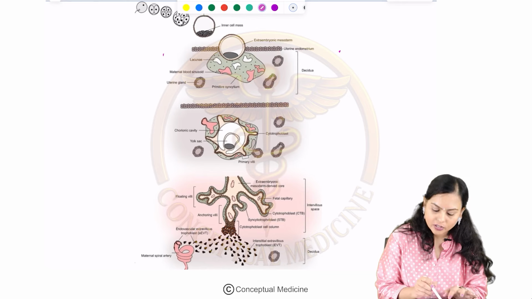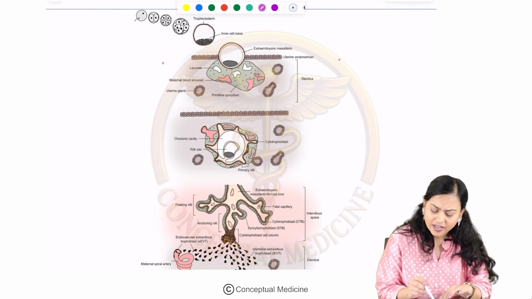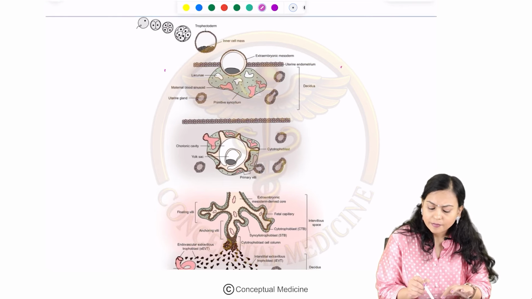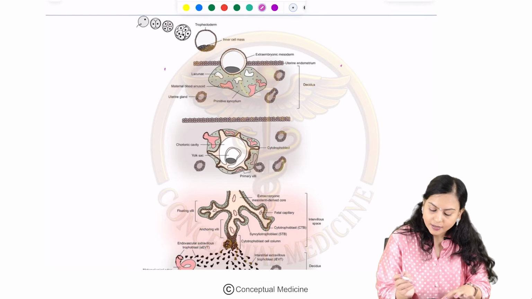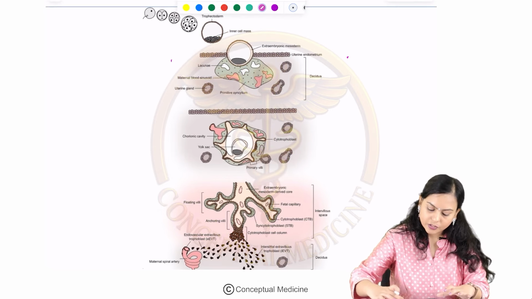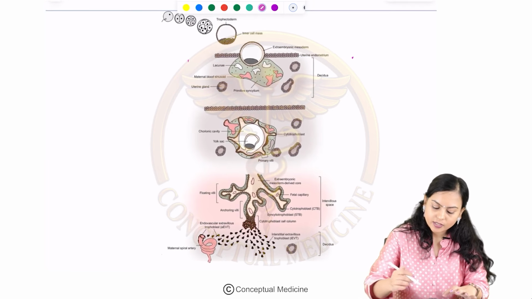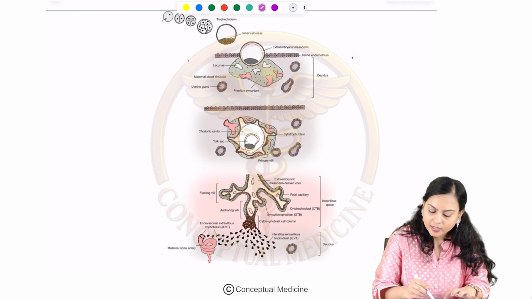Basically there is fertilization, then comes the blastocyst, where we will be able to see the trophoectoderm and inner cell mass. With this picture you will be able to understand the whole process. First there is fertilization, and then there is a formation of the blastocyst which is going to get implanted in the uterine endometrium.